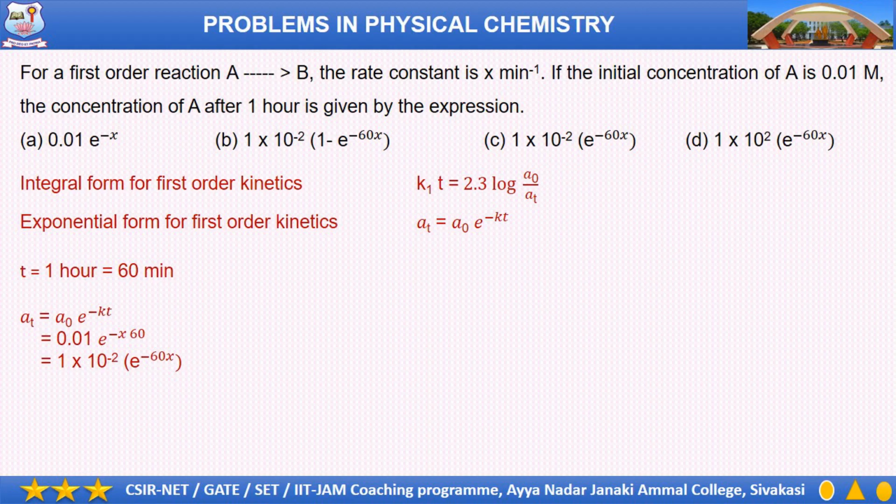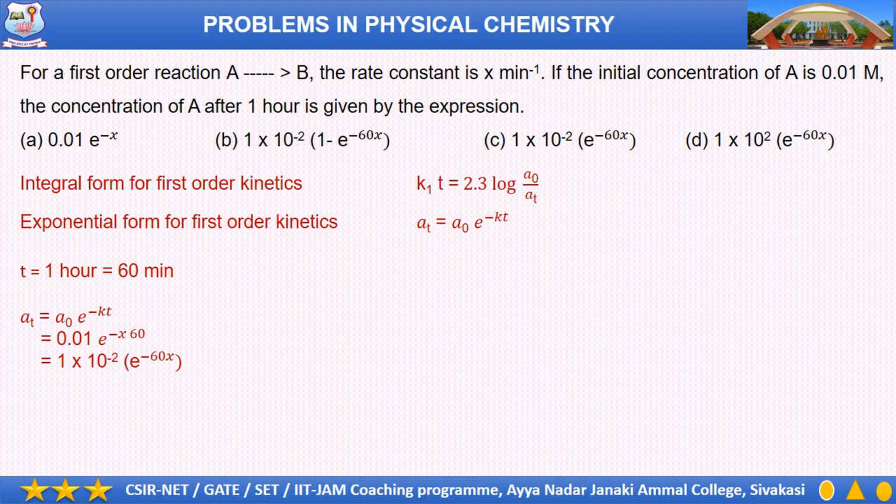Here, for this type of problem, which formula should be taken? We know the logarithmic form of chemical kinetics. We already know this: K1 is equal to 2.303 by T into log of A0 by AT. This is the logarithmic form. In addition to the logarithmic form, the exponential form is also present for first order kinetics. What is that?